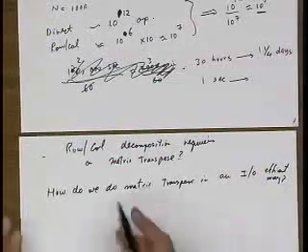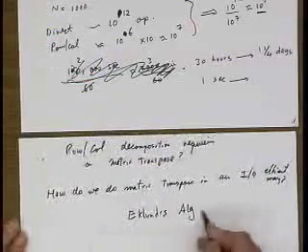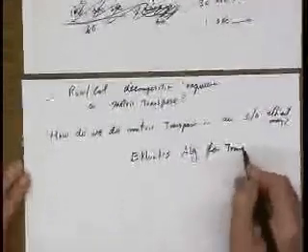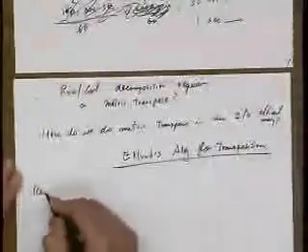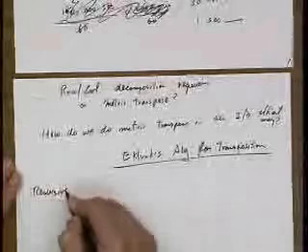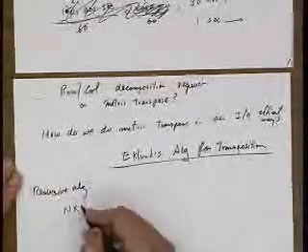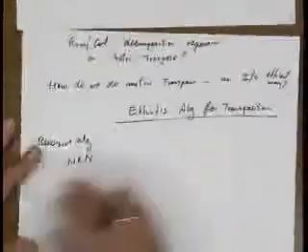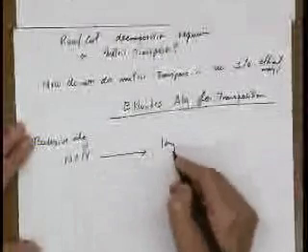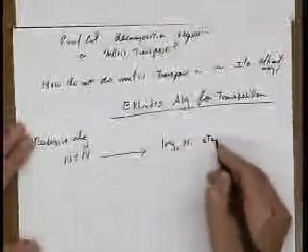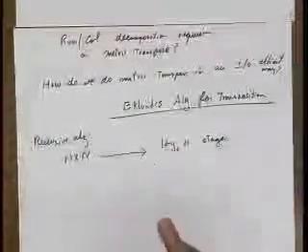And the answer is, there's a technique called Euclid's algorithm for transposition. And this is a recursive algorithm. I'll show you how it works in just a second, but basically, if you start with an n by n matrix, then you need log 2 n stages, as you would imagine, for the thing to get completed.